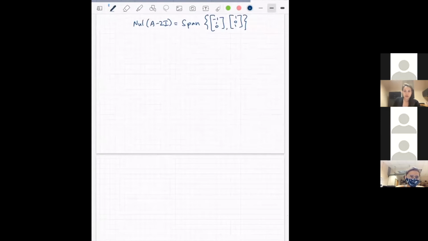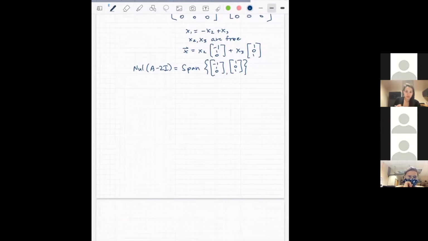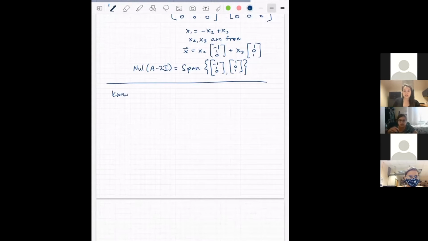So one thing to know about these eigenvectors and eigenvalues: why do we care about them? They can help us understand the behavior of a linear transformation.